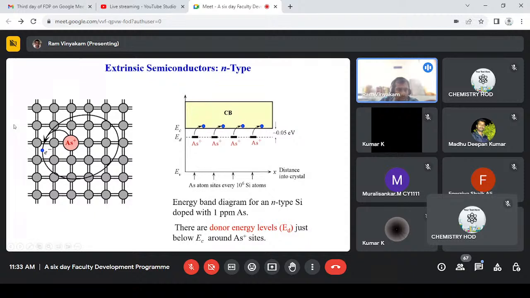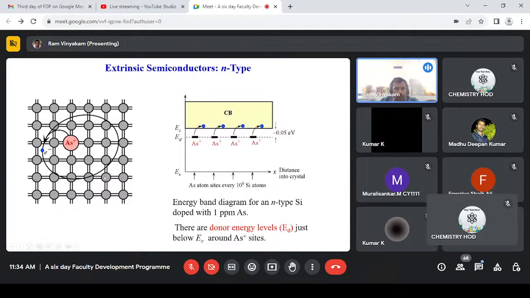It will not be localized on the arsenic. It is a model to explain the creation of energy levels inside the band gap.